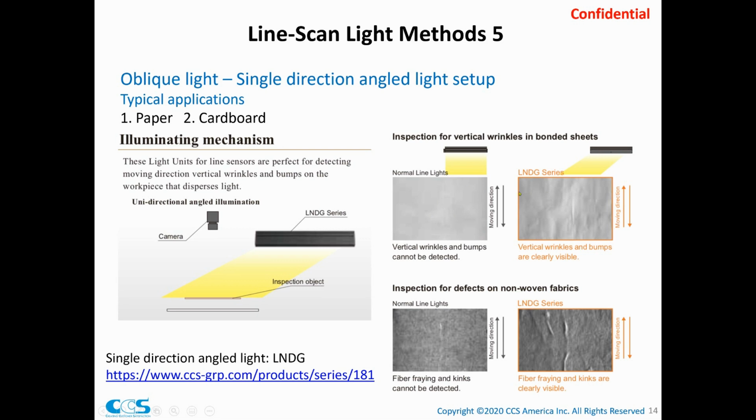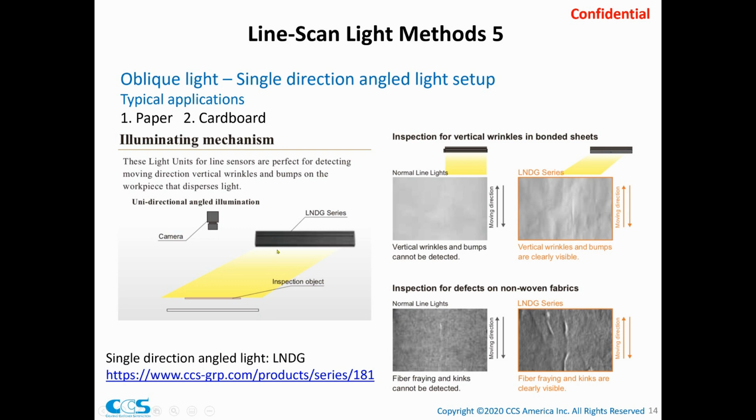What we need is a light coming from one direction. So if there is some stripe or dent on the sample, it will create a shadow on one side. For example here, because the light comes from a very deep angle, we can create a shadow on the left side. So to solve this kind of application, we came up with a single direction angle light, LNDG.